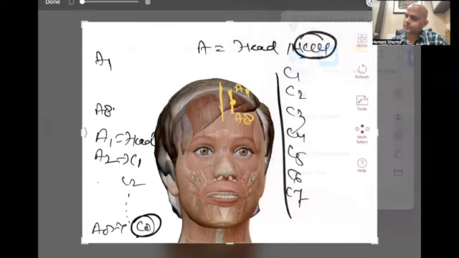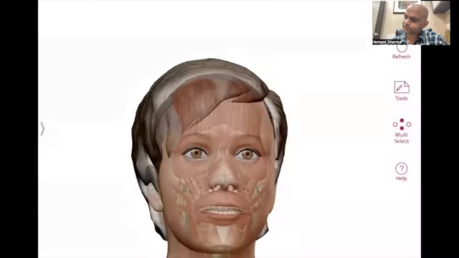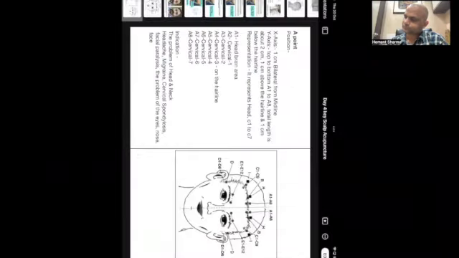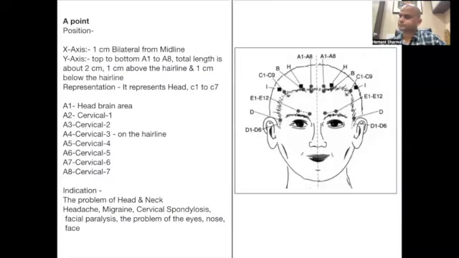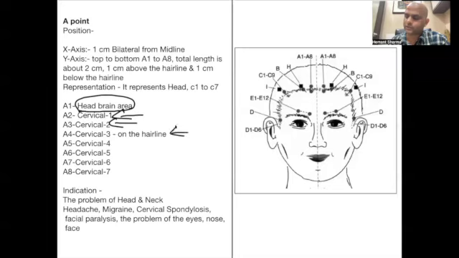So if we see in this image, A1 means head and brain area. Then A2 is cervical 1, then cervical 2, then cervical 3, 4, 5, 6, 7.